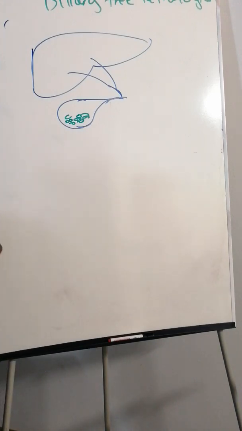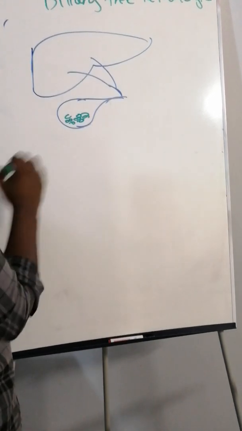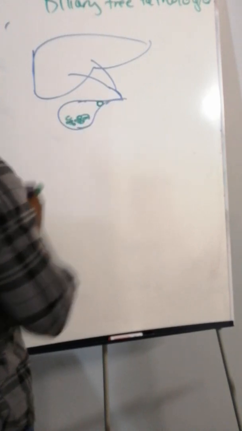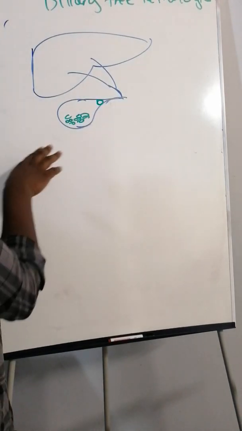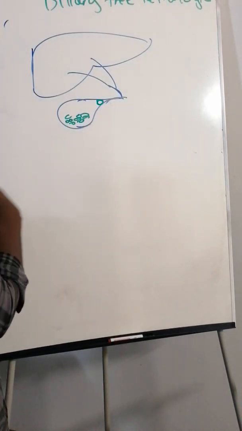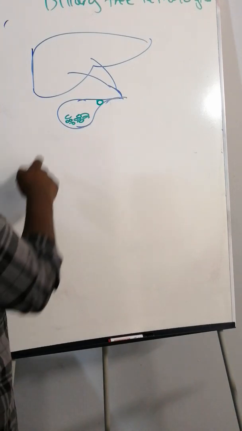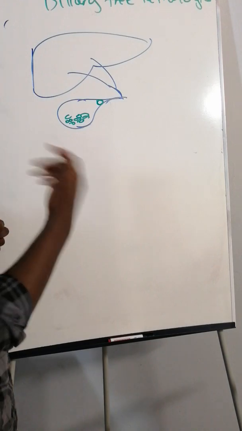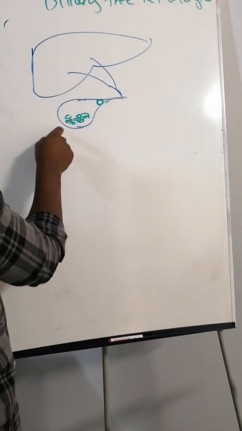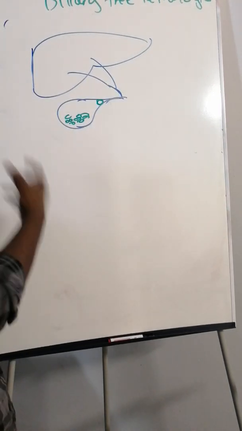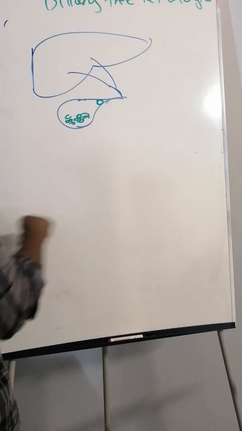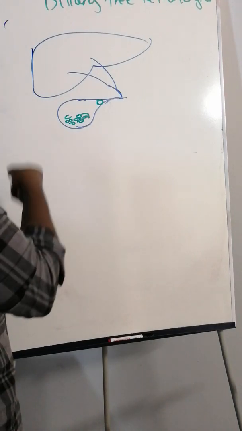But the problem comes when one of these stones decides to be clever and comes and sits here. When that stone sits there, the bladder will sense that, okay, I'm not able to drain. And then peristaltic movements are going to start in the gallbladder wall and try to force that stone to dislodge or to move away from there.